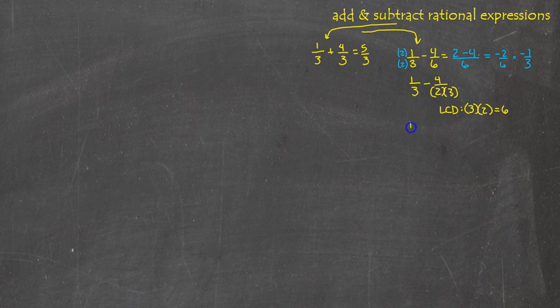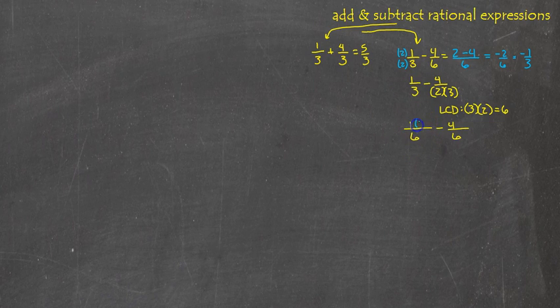Now, when I write my fraction out again, I'm going to write my 1 over 6 minus 4 over 6. All I'm doing is keeping my same denominators. I'm not finished because obviously I've changed it up and this isn't legal yet. But I'm noticing that in order to turn 3 into 6, I had to multiply it by 2.